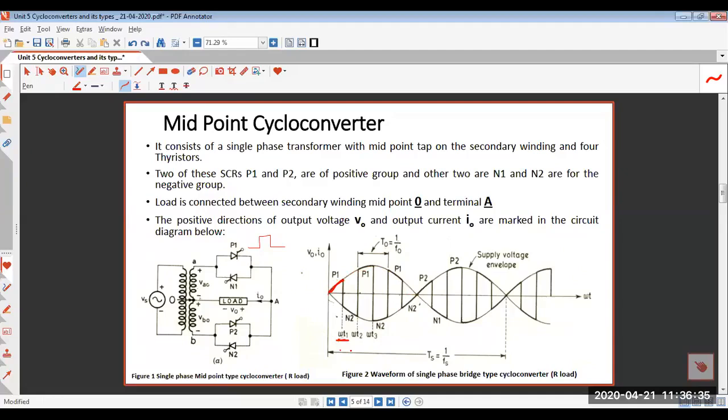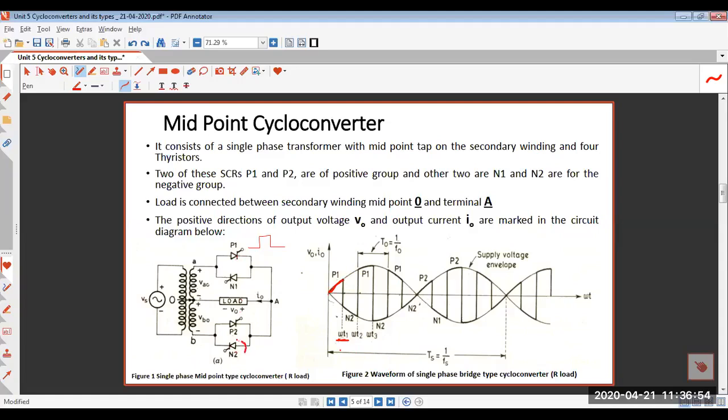It will not be reverse biased here. That means you cannot turn off P1 naturally. You need to apply a forced reverse voltage across it to turn it off. So forced commutation is used, and at omega T1, P1 is turned off.